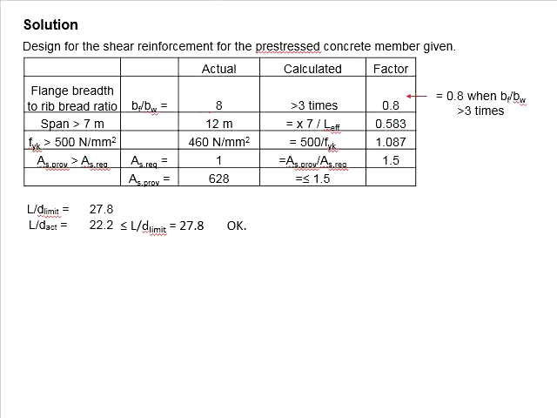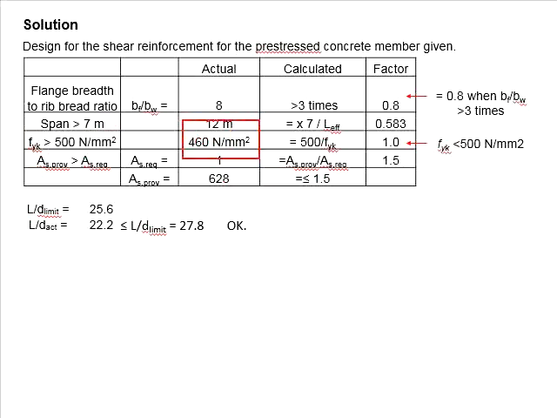The span has a length of 12 meters, which is more than 7 meters. Therefore, the factor will be 7 divided by the effective span of 12 meters. That gives you 0.583.